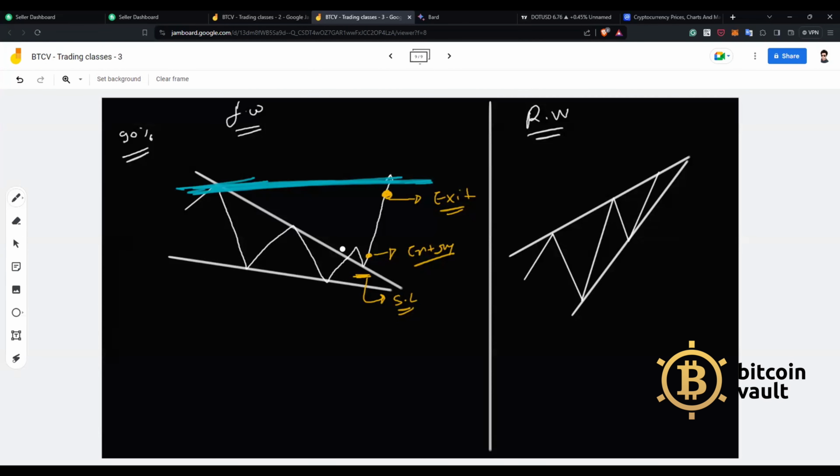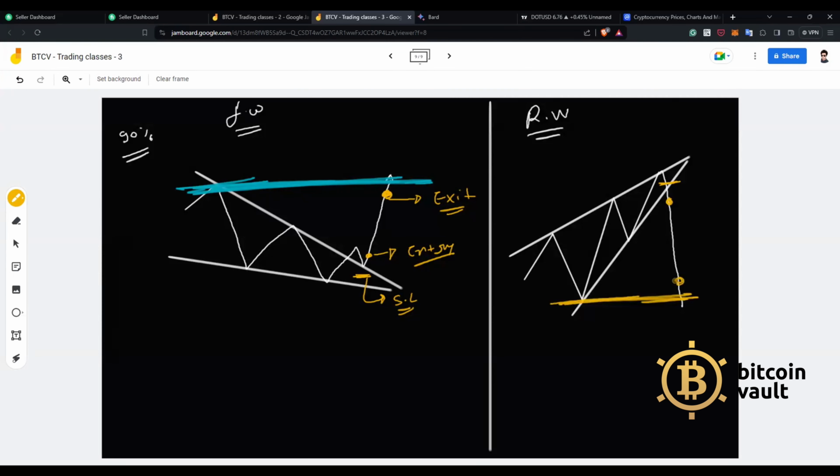But in the greed phase, generally you will get time for retracement. Okay. So in panic, the market might just go down like this. Okay. So when the market is moving in the downward direction, there's a very high chance that you might not find any kind of retracement. But if the market is moving in the upward direction, then there is a very high chance that you might find retracement.